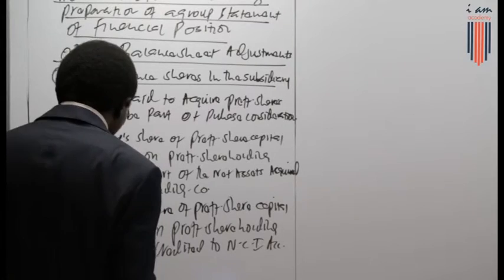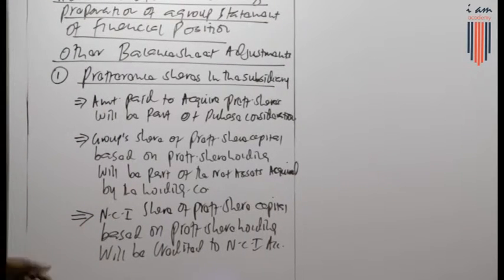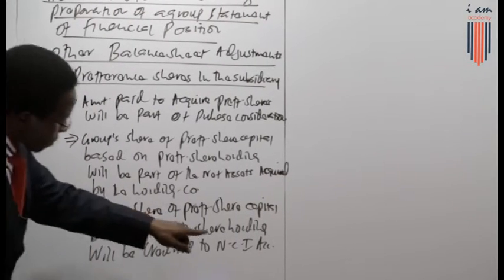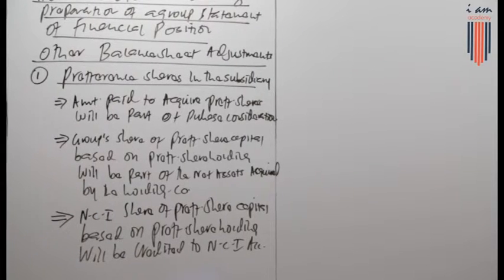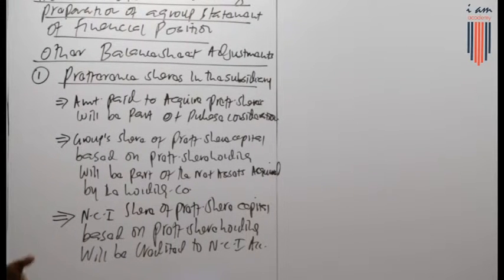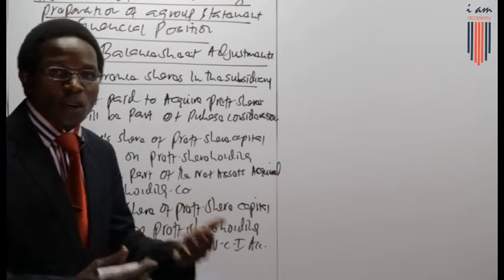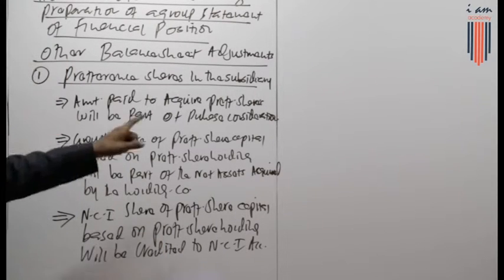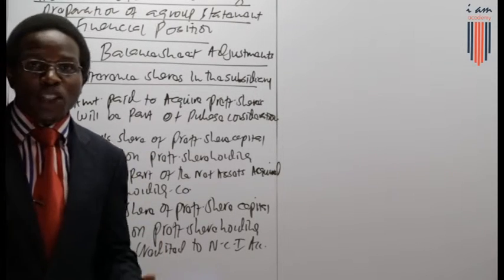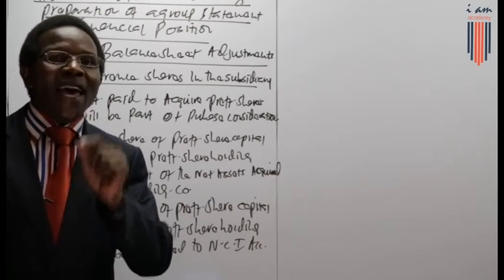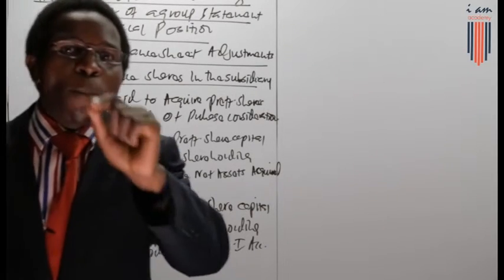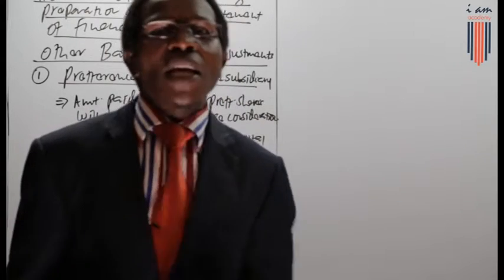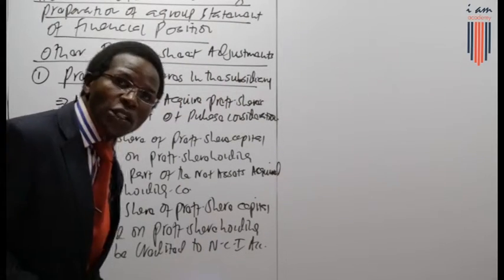Don't forget that. You also need to remember that the NCI net assets should be reported in the statement of financial position to reflect what non-controlling interests have also financed in the group. In case of redeemable preference share capital, the NCI share will not be reported to the non-controlling interest account.